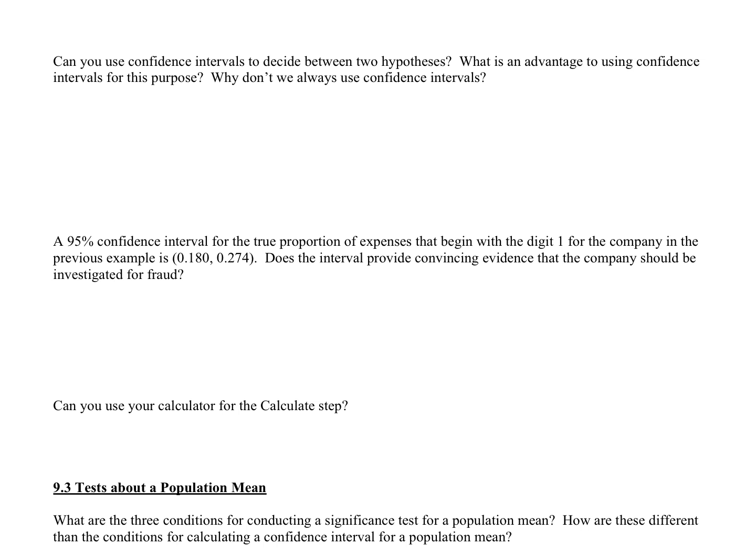Can you use confidence intervals to decide between 2 hypotheses? What is an advantage to using confidence intervals, and why don't we always use them? What I need you to know is that confidence intervals give us more information because they give an estimate, right? A hypothesis test is only a yes or no, whereas confidence intervals give us an estimate.